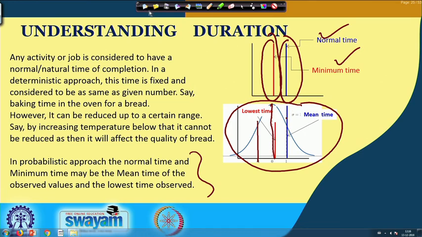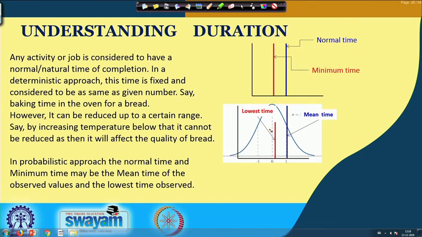Generally, in the probabilistic approach, we consider the mean as the normal time, and plus or minus 1 sigma or 2 sigma time may be considered as the lowest time up to which the crashing can be allowed. So, this is the probabilistic approach, but in the deterministic approach we have to consider some normal time and some minimum time, which can be determined based on our experience or expertise.